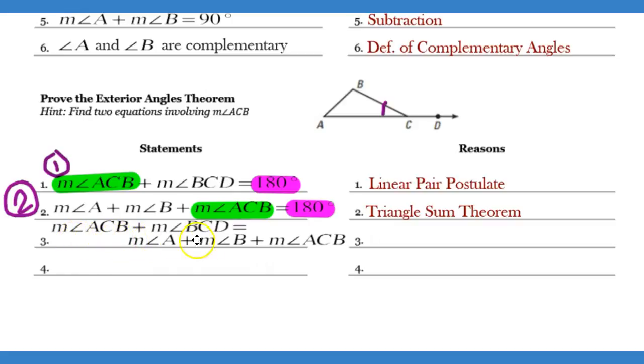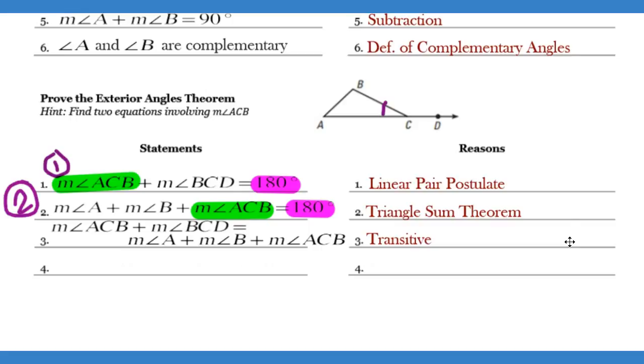So the measure of ACB plus the measure of BCD was equal to 180. But so was the measure of angle A plus the measure of angle B plus the measure of ACB. So I set those two equal to each other. It's transitive. This is equal to this. This is equal to this. Therefore, they're equal to each other.